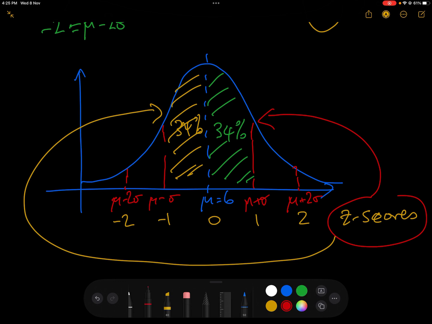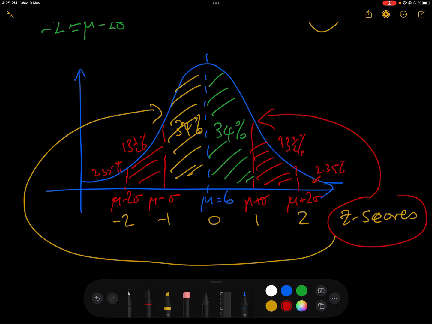We can also say here, let's use another colour, that 13.5% will have z-scores between minus 1 and minus 2, and 13.5% of our participants will have a z-score between 1 and 2. And we can carry on between 2 and 3. The percentage of people who would have a z-score between 2 and 3 is 2.35% here and 2.35% here.